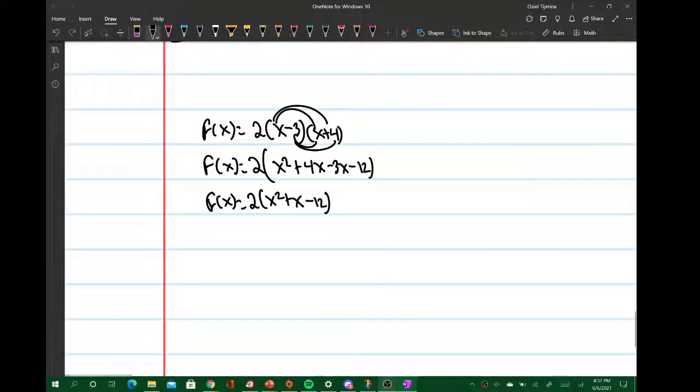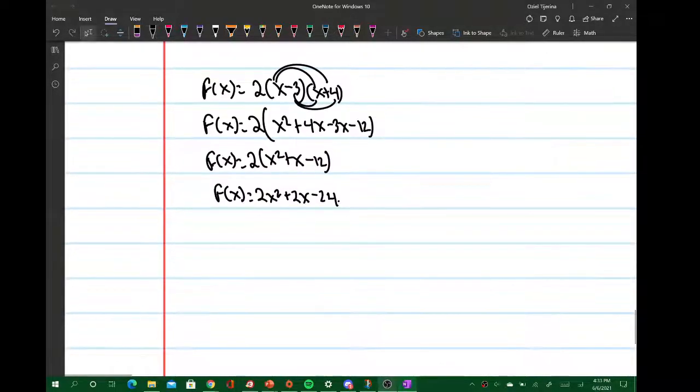You're going to go ahead and distribute the 2 in. Okay. And then you're going to say, okay, well, this is f prime of x equals, so f prime of x equals 4x plus 2, right? And that's how you do it.